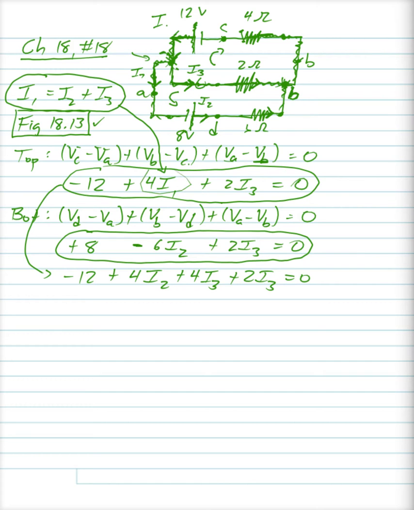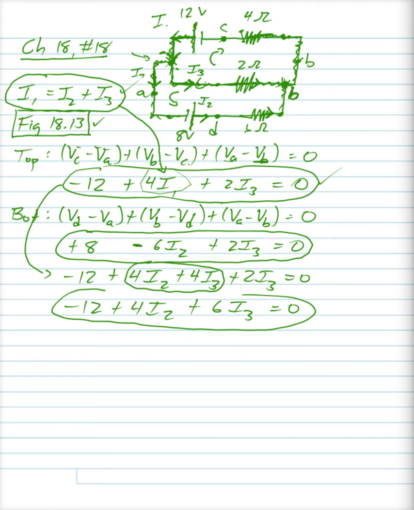Right, so the 4I1 became 4I2 plus 4I3. Okay, well that's minus 12 plus 4I2 plus 6I3. So I've now combined these first 2 equations.